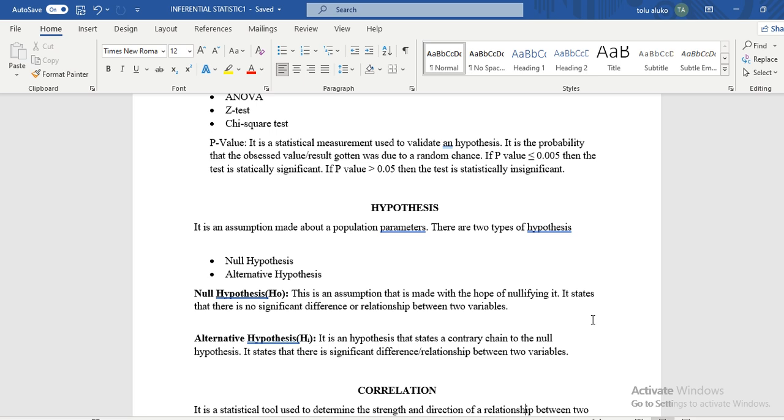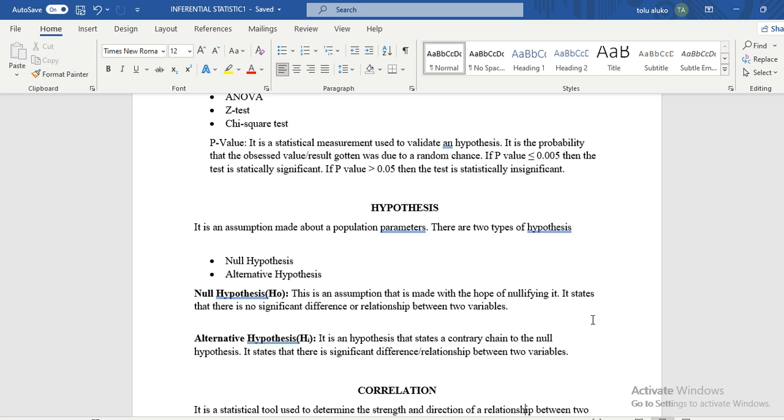So hypothesis is an assumption made. Now listen, it is an assumption made about a population parameter, and we have two types: null hypothesis and alternative hypothesis. The null hypothesis is an assumption that is made with the hope of nullifying it. That is, if you are already doing your data set and you see that nothing is correlating, nothing is showing forth, there is no assumption that can be drawn, you can nullify it.